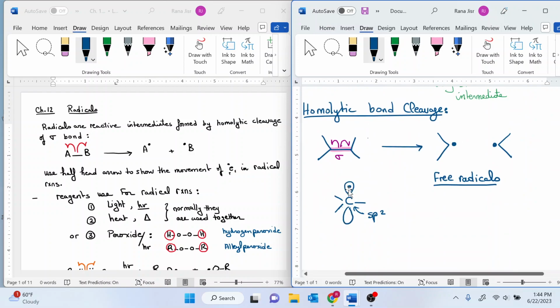The capacity of the p orbital is 2 electrons, so this one is still lacking an electron, because radicals have 7 electrons: 2 for each bond, and then one electron here. So the carbon does not have an octet, which is what makes them very reactive. They are also considered intermediates.